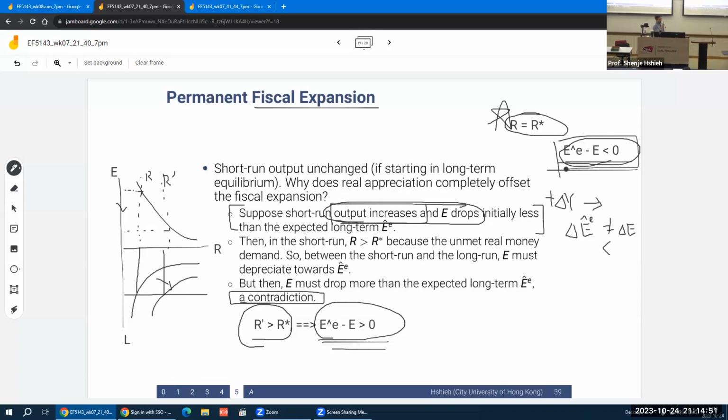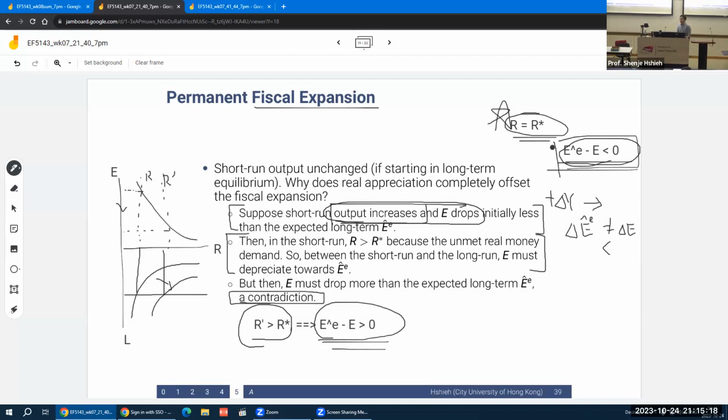So that's number one. That's the first conclusion you should draw from the assumption we made about an output effect. Number two is based on our model of UIP. So based on UIP plus the money market equation, you know that if there is indeed an output effect, given that our starting point is R equals R star, we must actually have higher interest rates.